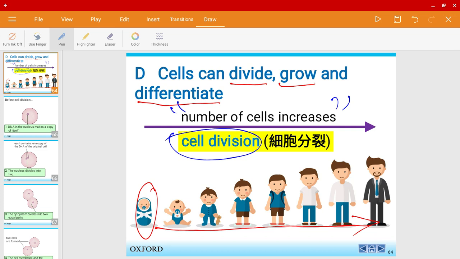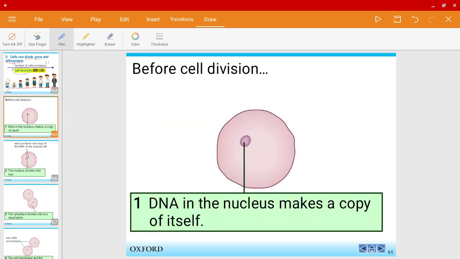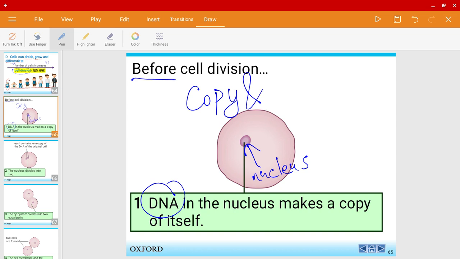So how does cell division actually work? So let's have a look. So you have a cell over here, and if you recall, this is the nucleus, and inside the nucleus we have DNA. So what the cell does during cell division, before it actually divides, is it tries to make a copy of itself. So DNA and nucleus, they'll make a copy. You can just imagine, just like how some of you know about copy and pasting, Control C, Control V, the keyboard shortcut.